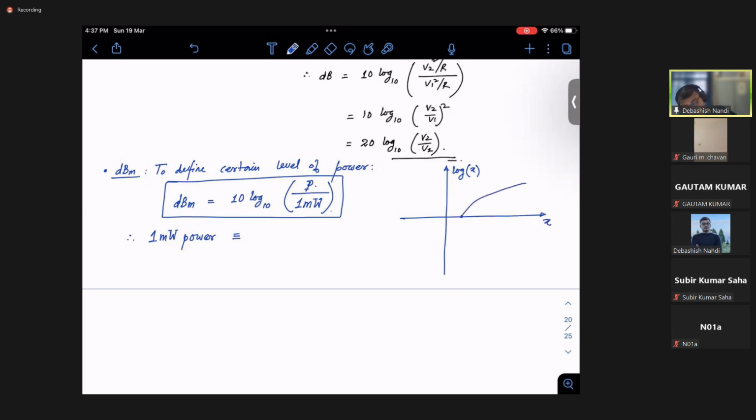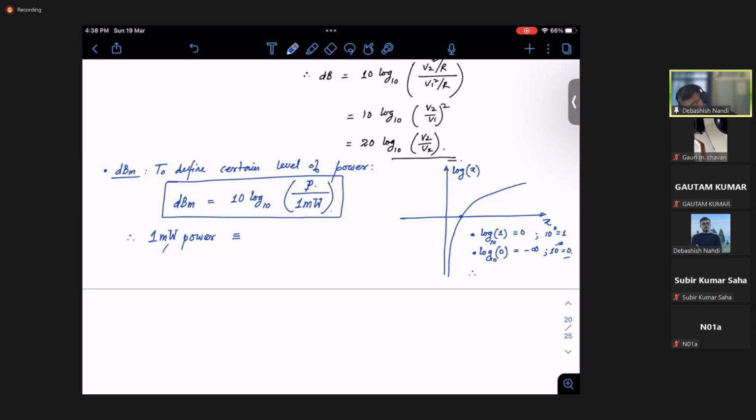Basically, note here that log 1 is 0 and log 0 is minus infinity, right? How does this come? Because, let's say the base is 10, we know that 10 to the power 0 is 1, and 10 to the power minus infinity is 0. This is how these definitions come. So if your P is 1 milliwatt, that is called 0 dBm power.